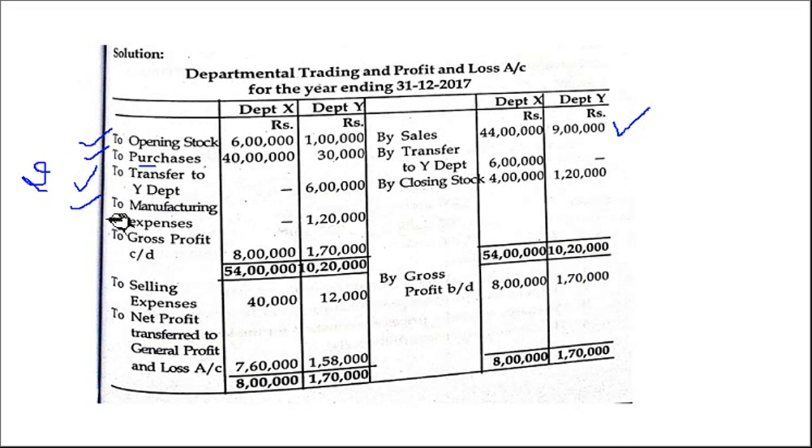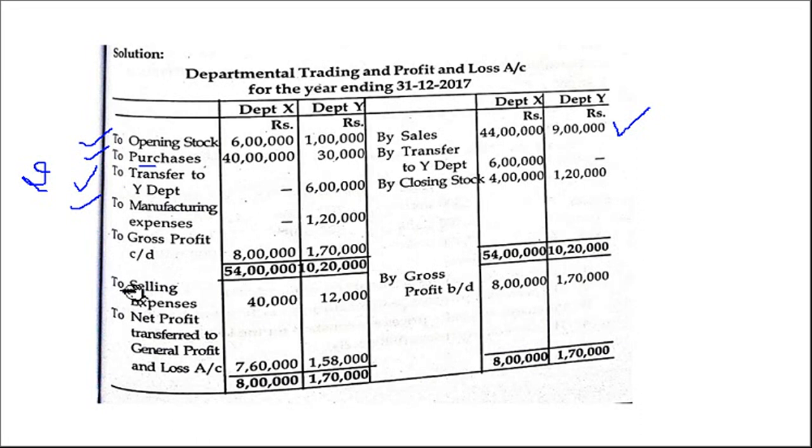So selling expenses we are not writing here. Then they have given closing stock. By closing stock, 4 lakh, 1 lakh 20,000. So total of both the sides, 54 lakh and 10 lakh 20,000 you are writing, and the balancing figure is considered as gross profit. To gross profit carry down 8 lakh and 1 lakh 70,000. Gross profit brought down, the same thing.